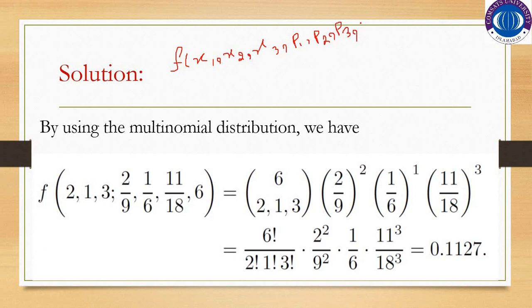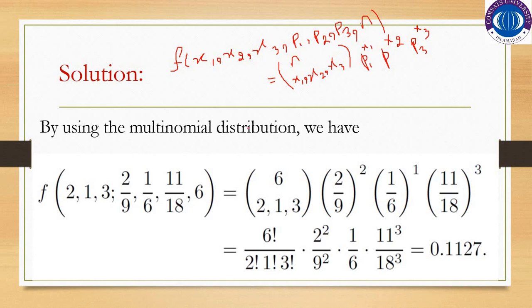This is equal to n choose x1, x2 and x3, which is the combination for different categories, times p1 raised to power x1, p2 raised to power x2, and these are multiplied with each other, p3 raised to power x3.